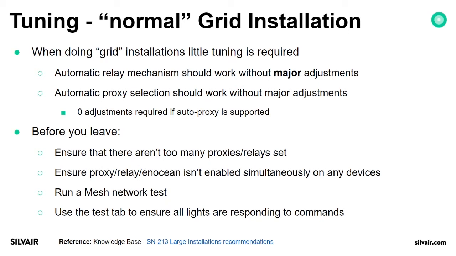And of course, use the test tab to ensure all lights are responding to commands. Usually, if you have a room with 10 luminaires, it's always good to try to control the lights from each corner if it's a huge room, to see if maybe some lamps are lagging behind with lighting operations.